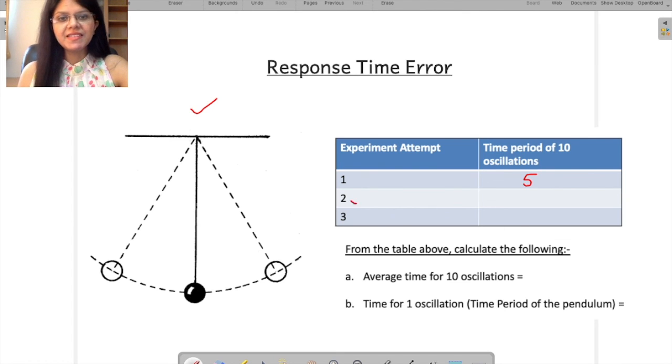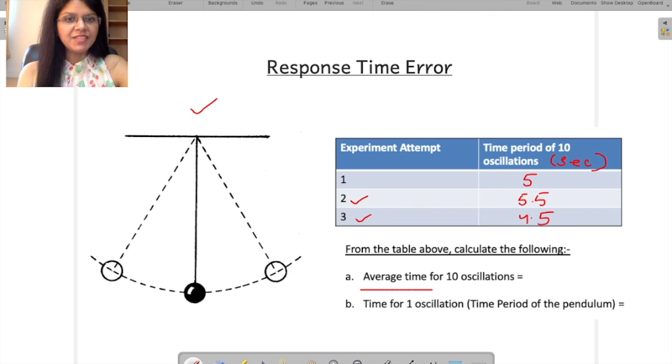You repeated the experiment the second time and say that the time for 10 oscillations was now 5.5 seconds. All the readings are taken in seconds. You repeated the experiment for the third time and you found that the time for 10 oscillations was 4.5 seconds. So what do you do next?